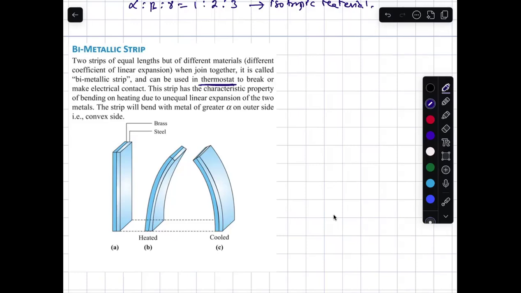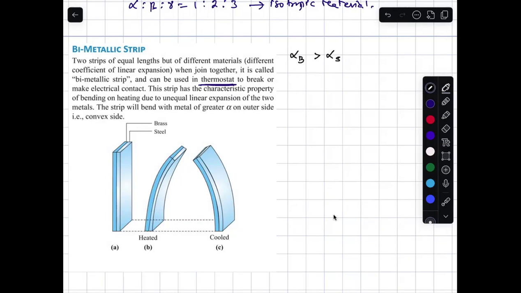That temperature is to be maintained as a maximum. You will use the thermostat. Why? I will explain. When you heat, what happens? See here, alpha of brass is greater than alpha of steel. So naturally, brass expands more than steel.